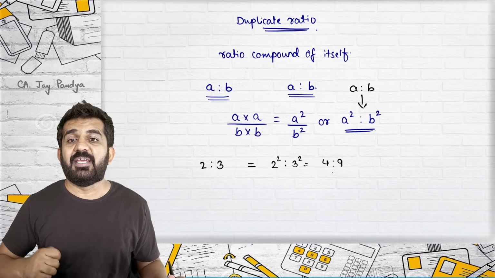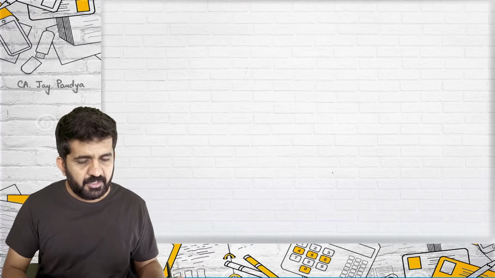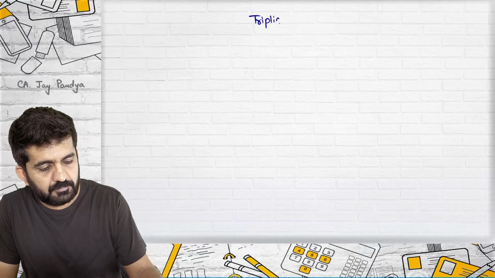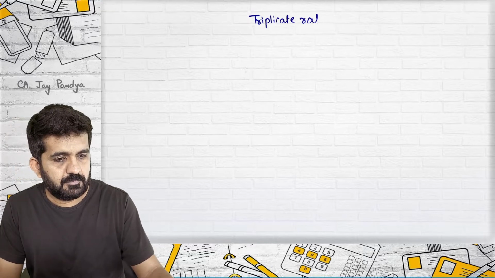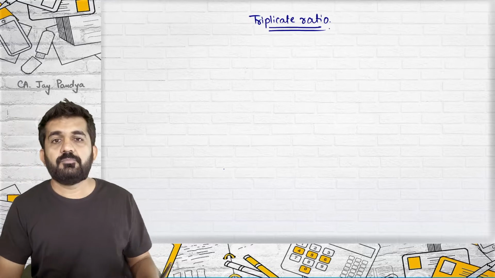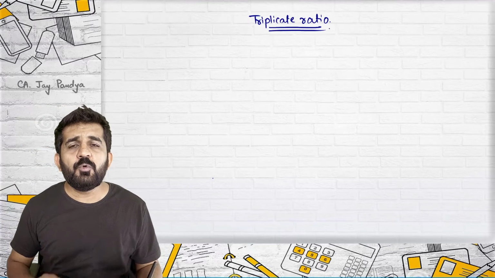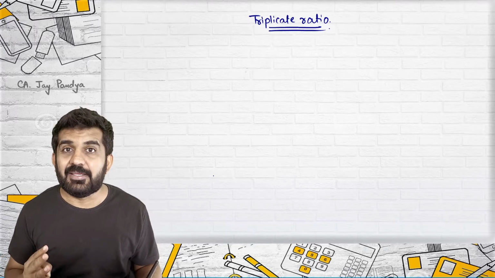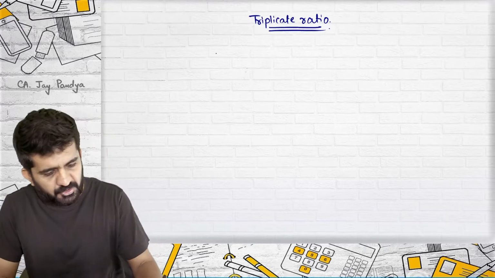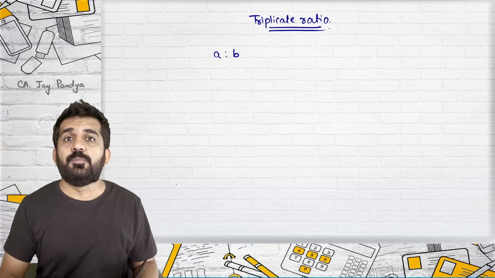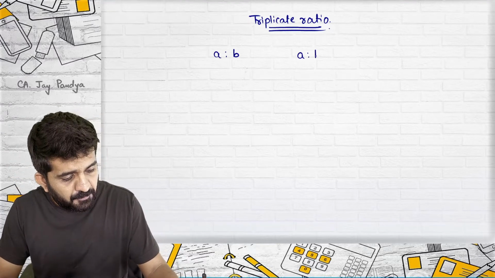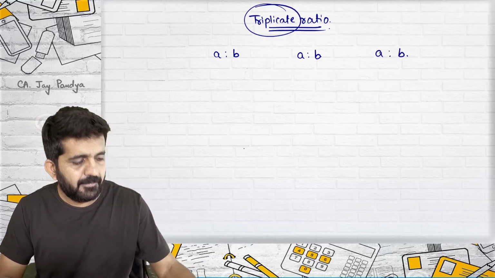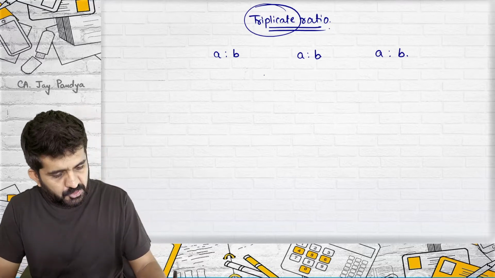This is duplicate ratio. We are going to learn triplicate ratio. Now, if you ratio compound the original ratio 3 times, it will be termed as triplicate ratio. For example, if there is one ratio A is to B, and you do ratio compound 3 times, then it will be triplicate ratio. What will be the answer?